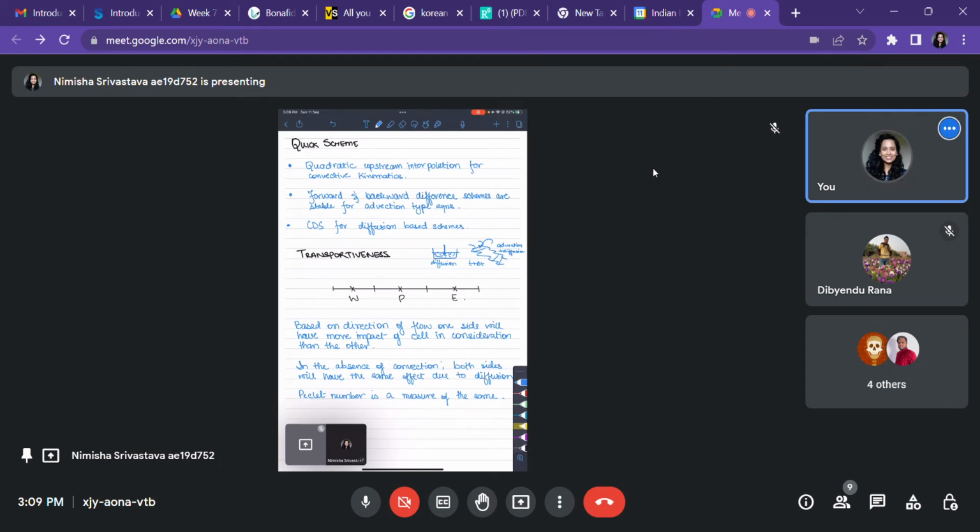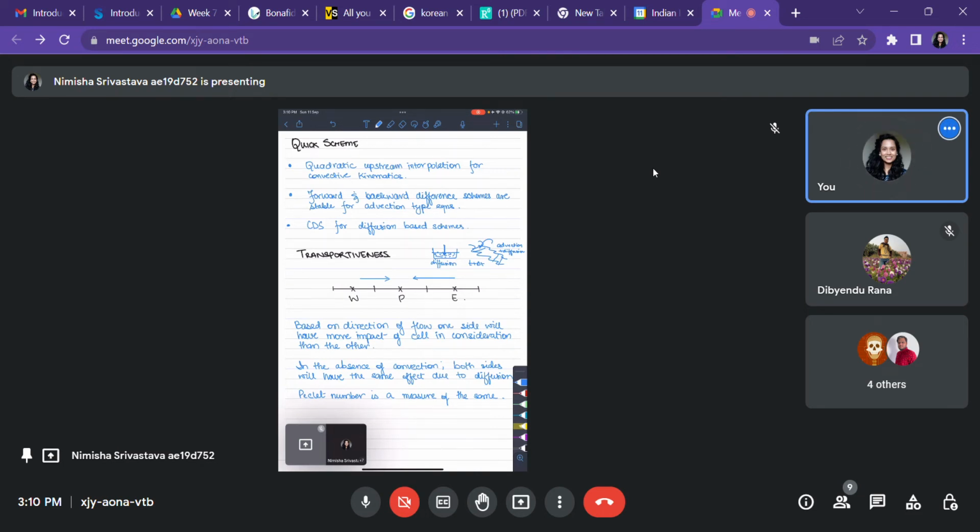If you're looking at location P, which is some present location, and the locations E and W, which are on either side of P, then depending on the direction the flow is moving, the property at point P is going to be more affected by wherever the flow is coming from.